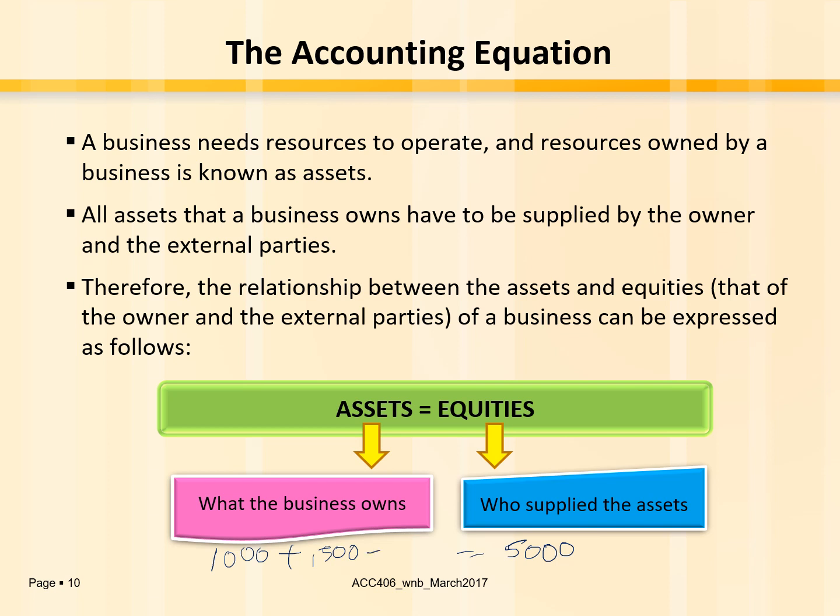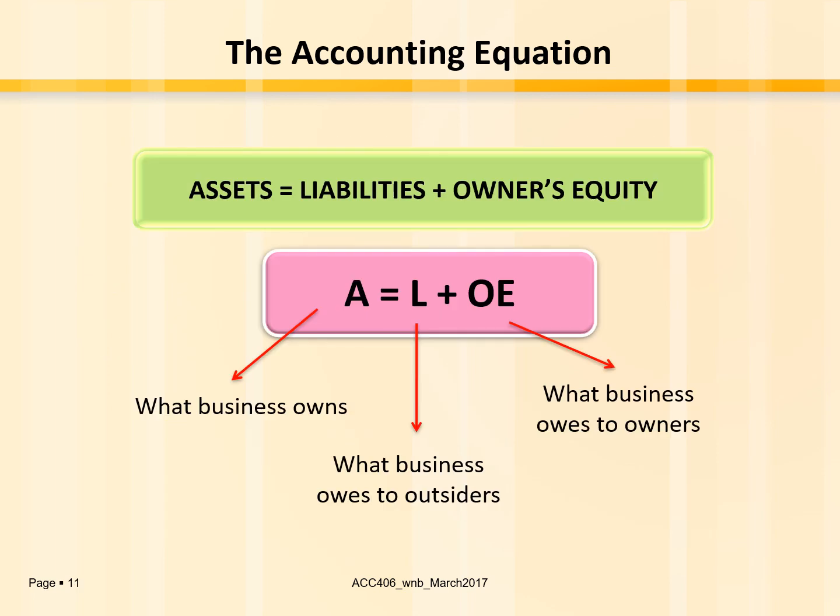Lepas tu berapa dah tu? 2,500. Lepas tu kita beli lori second hand 2,500. So, 1,000 campur 1,500 campur 2,500 samalah dengan 5,000. So, inilah maksudnya asset sama dengan equity. So, kita tengok kat sini the accounting equation dia.